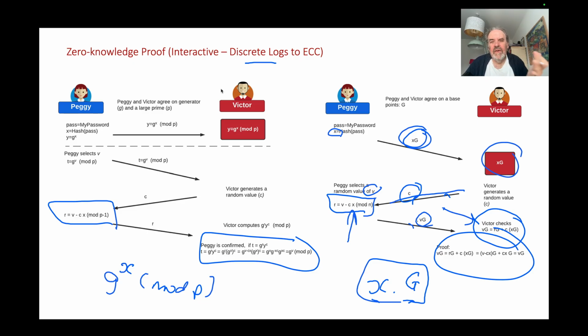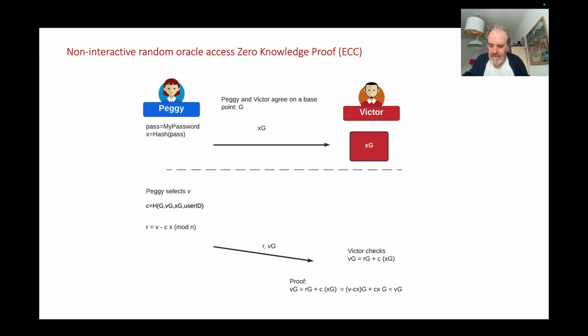So they are equivalent, and these days this is the method that we typically use when we're computing the zero knowledge proof. But obviously there's an overhead here in terms of Peggy having to receive the challenge from Victor. So another proof method is what's called a non-interactive zero-knowledge proof.